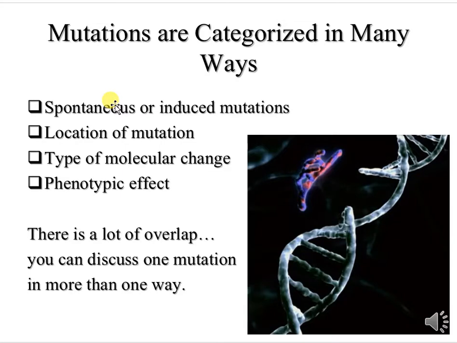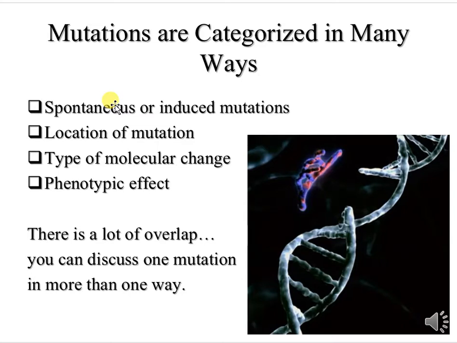So when we categorize mutations, there's usually 4 bins that we use to categorize them. There's many ways that you can categorize them. These are kind of the main ones. So mutation can either be spontaneous or induced. Spontaneous are those that occur randomly, meaning they have no obvious or apparent cause or reasoning.